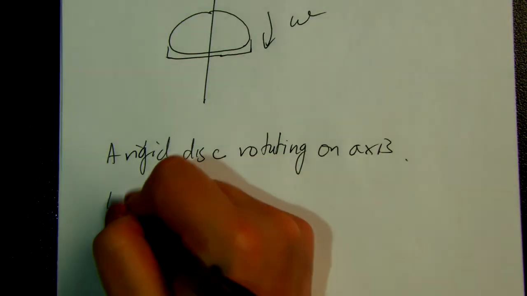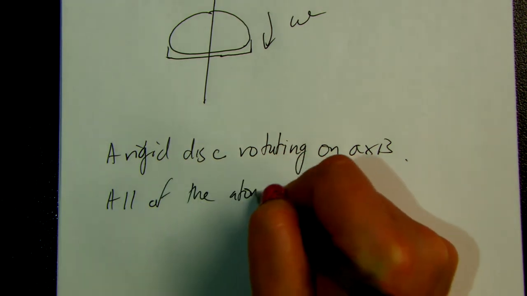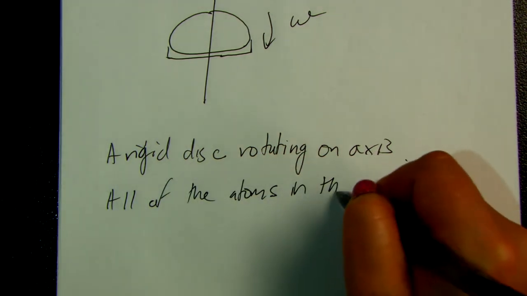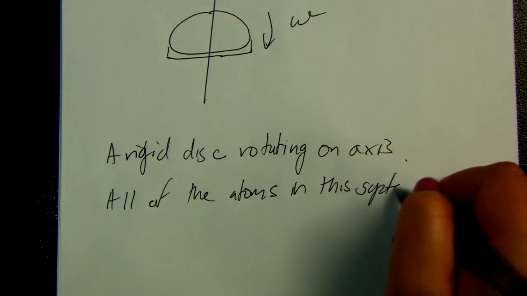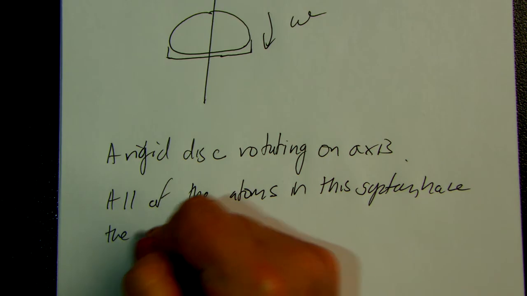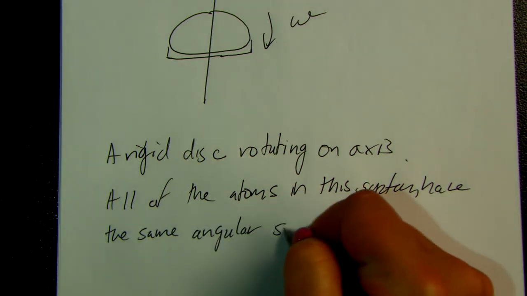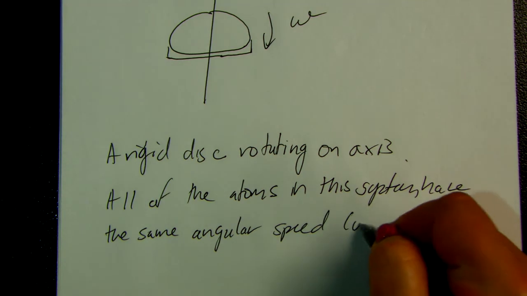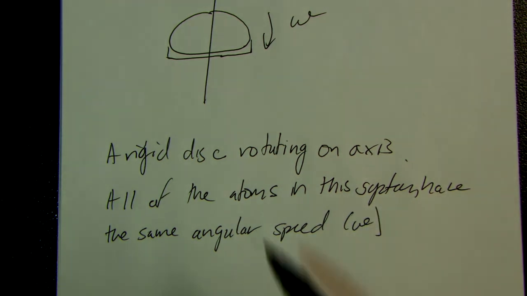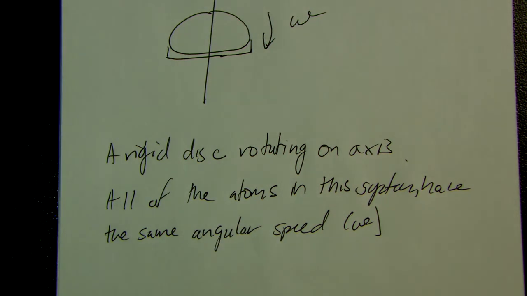All of the atoms in this system have the same angular speed, known as omega. Angular speed has to do with the time it takes to make one complete rotation.